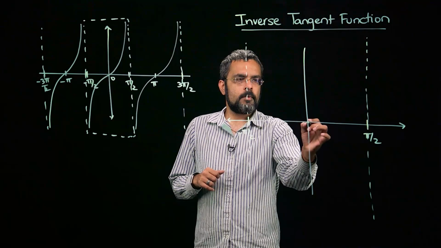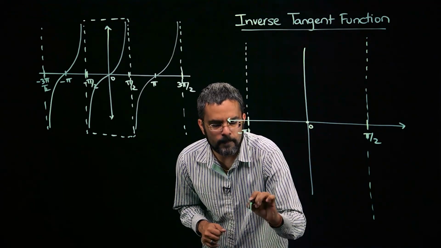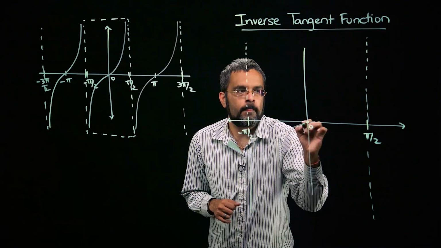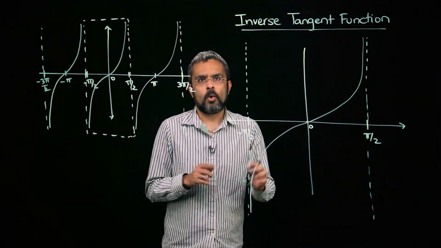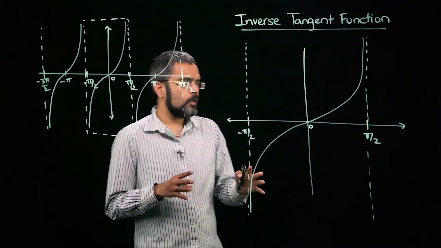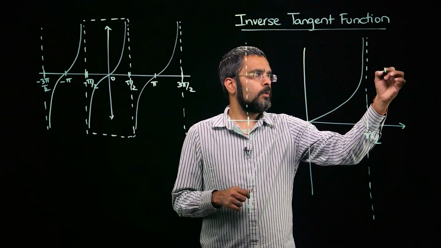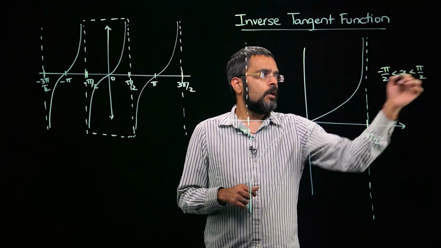All right, this is my point 0, and so my function now looks something like that. Okay, and that's one cycle of my tan function, right? It's also one-to-one. So what I'm going to do here, like I said, I'm going to restrict my domain to negative pi over 2 less than x less than pi over 2.